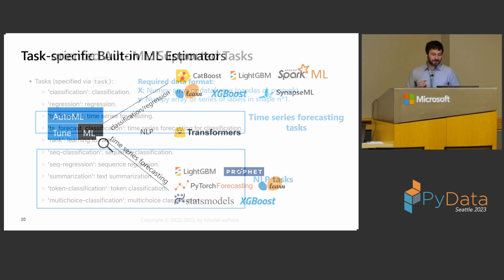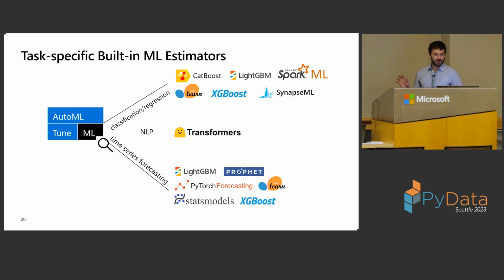The tasks that are supported are the standard ones, like classification and regression, but then also time series tasks, which are quite common. There's time series forecast, which is the standard forecasting regression task. There's time series forecast classification, which is forecasting a class label, so it's a time series based classification task.